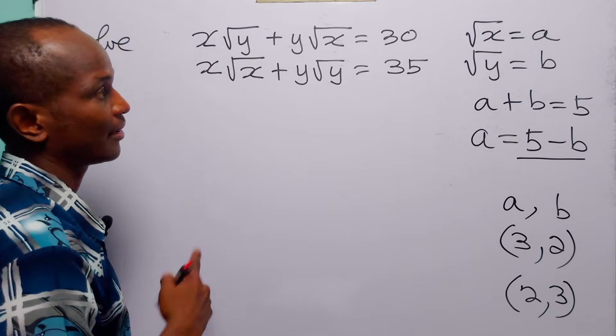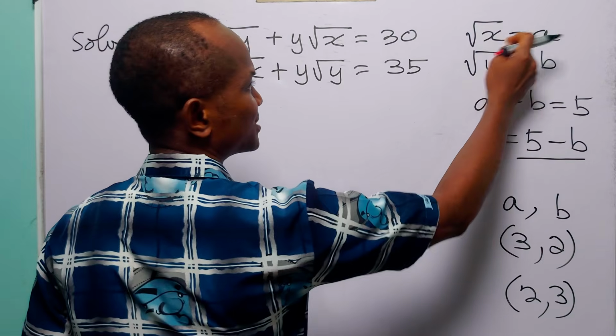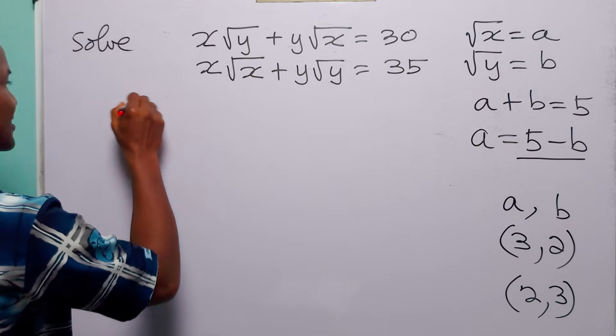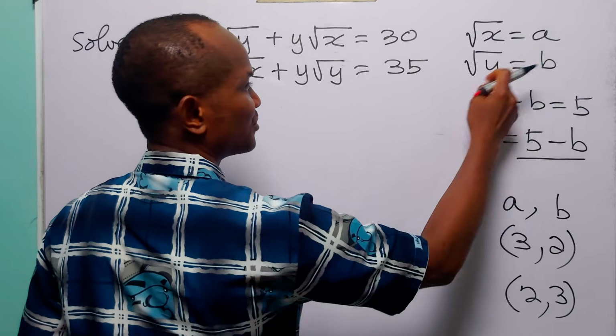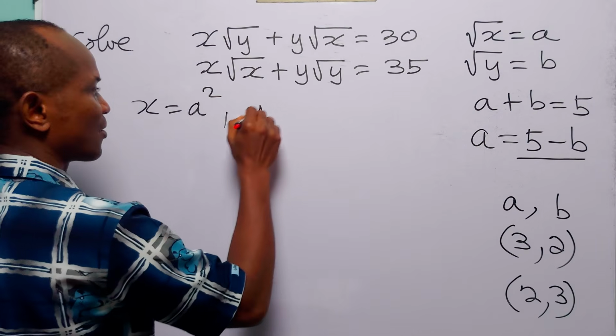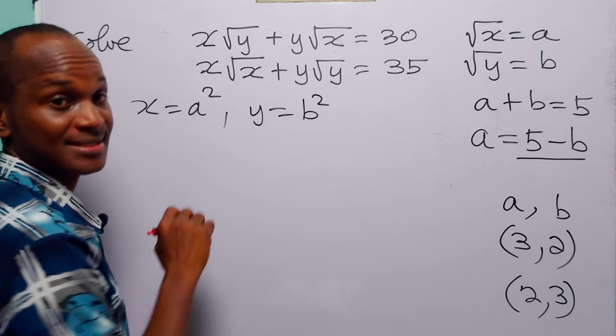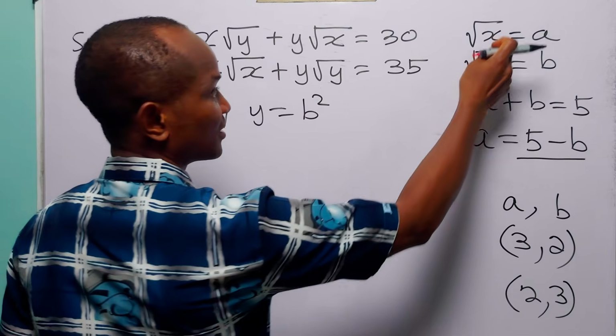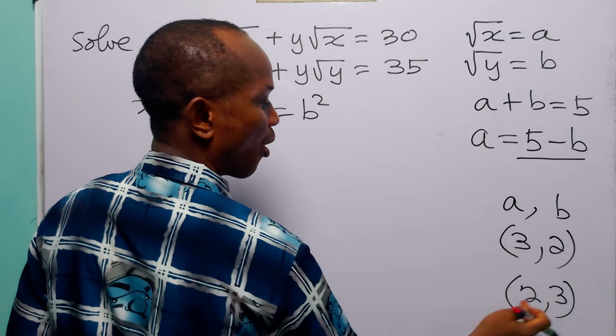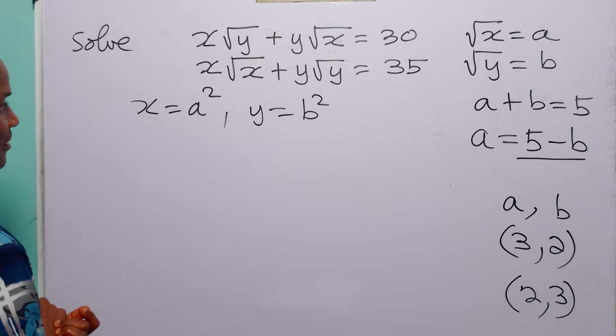And now that we have found all possible values of a and b, we can go on to find x and y. Of course, you know that when we square both sides of this equation, we have that x is equal to a squared. And when we square both sides of this equation, we have that y is equal to b squared. Now, one important thing is to notice that both a and b are all positive values.